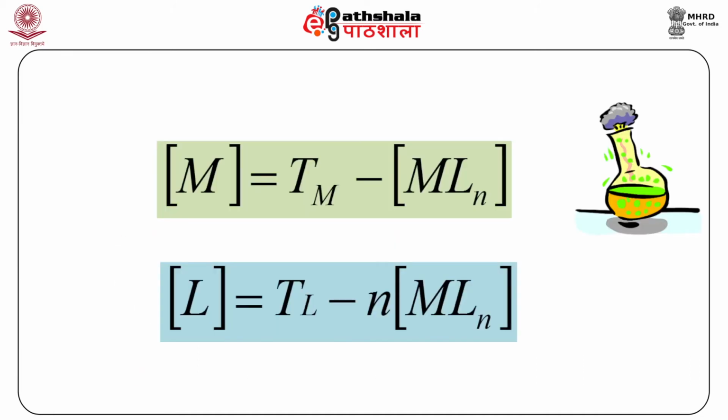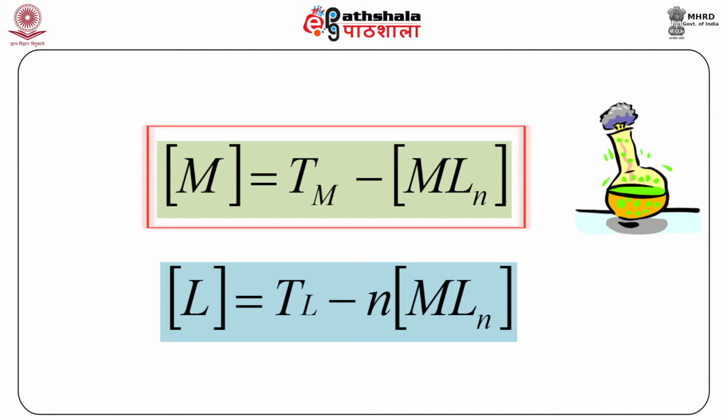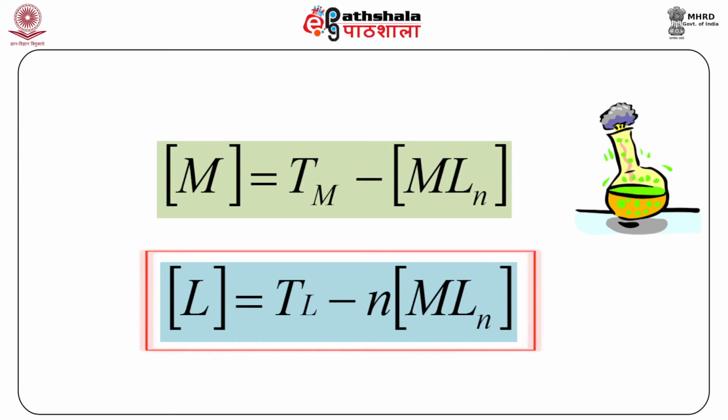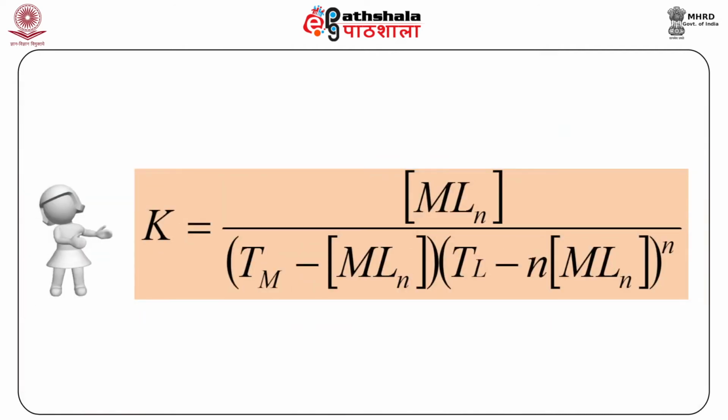Now, we know that the concentration of metal M is equal to the total metal concentration TM minus the concentration of MLn. Also, the concentration of the ligand L is equal to TL minus n times the concentration of metal-ligand complex MLn. Substituting the above values, we arrive at a situation where the constant K is given by this equation, where TM and TL are the total concentration of metal and ligand respectively.